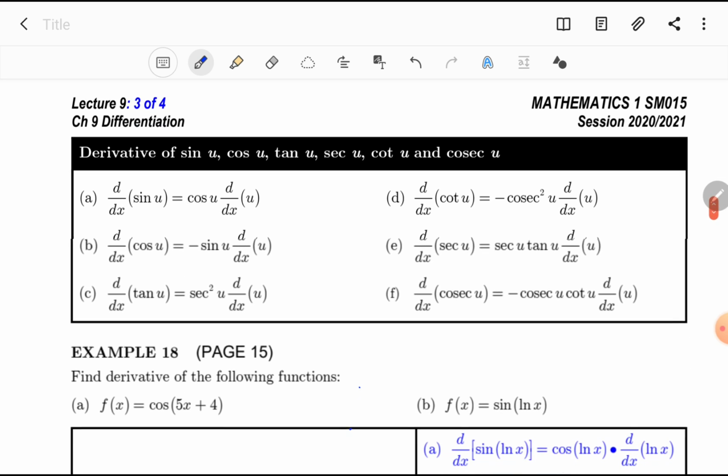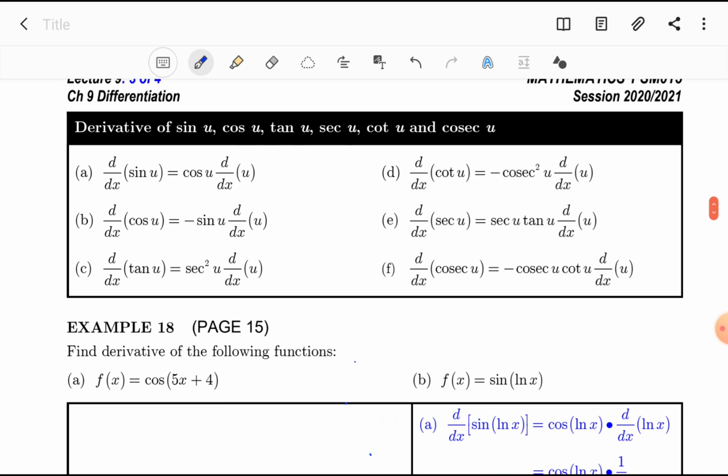Next, we go to derivative of sine u, cos u, tangent u, and so on. From previous part, we just have sine x, the angle is x. But now the angle is u, and u is a function in terms of x.